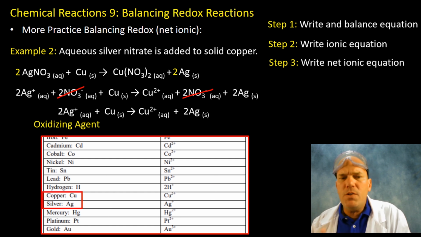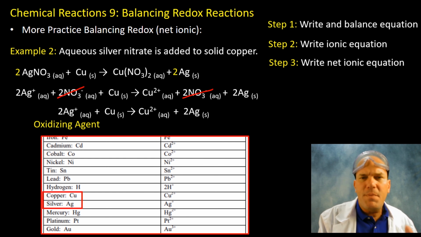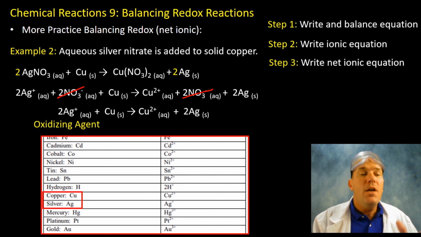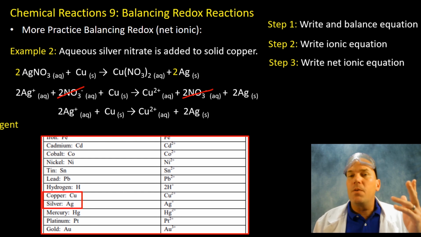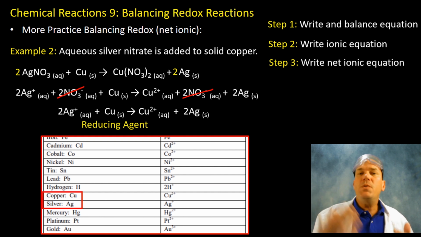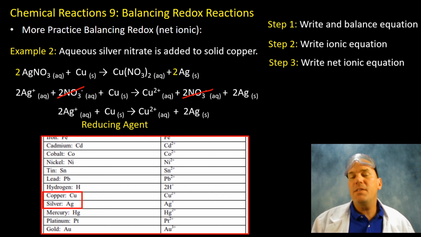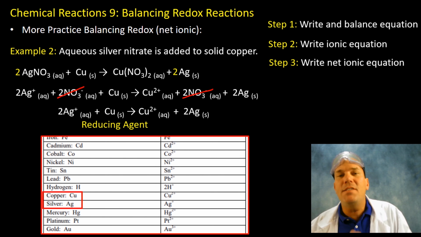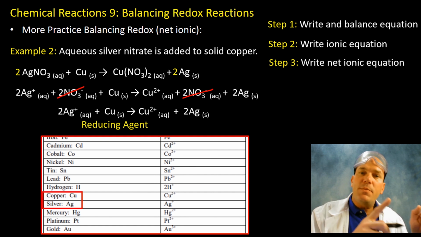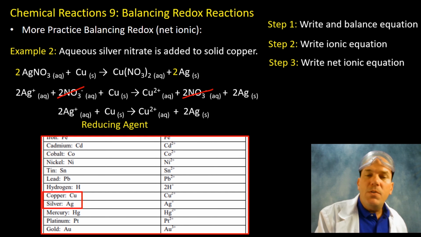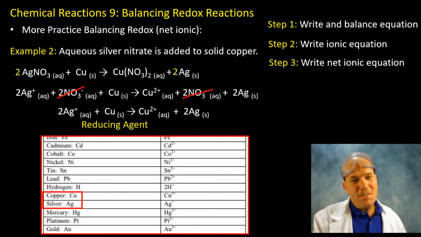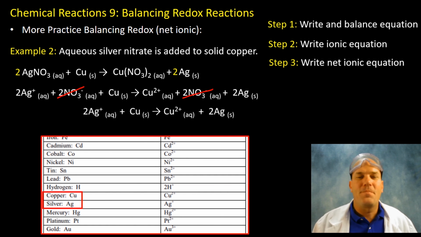Because it is being reduced, it is causing another species, i.e. copper, to be oxidized. So the copper is the reducing agent. The copper is being oxidized, and because the copper is being oxidized, it is causing the other species to be reduced. And as you can see, the silver is reduced.